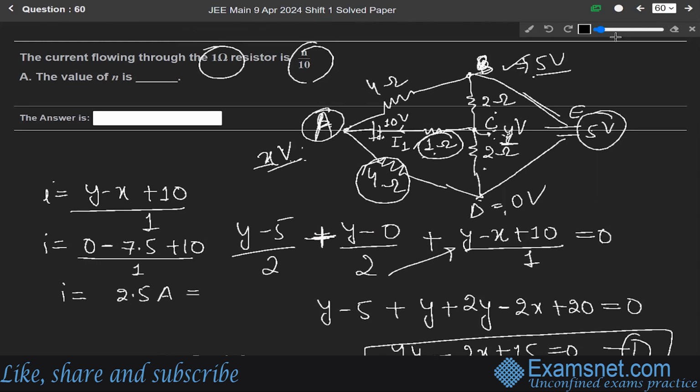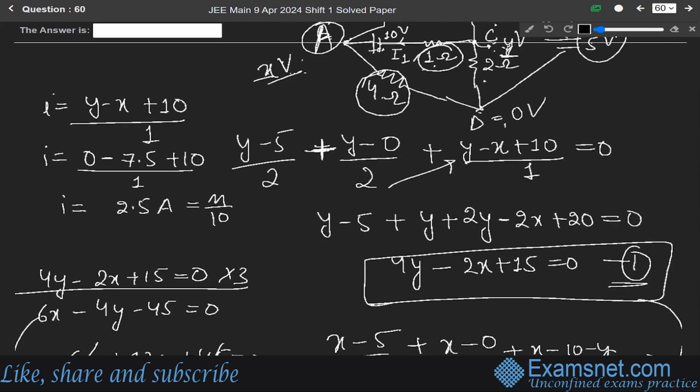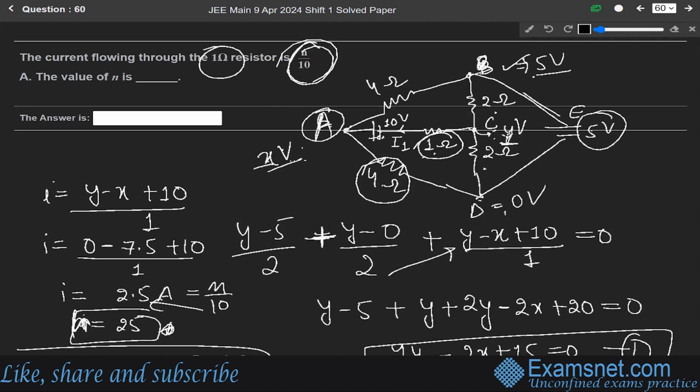So comparing it with that given in the question, N by 10, I equals 2.5 ampere equals N by 10, meaning N is equal to 25. Sorry, N, not current. N is equal to 25. So the value of N here is 25.